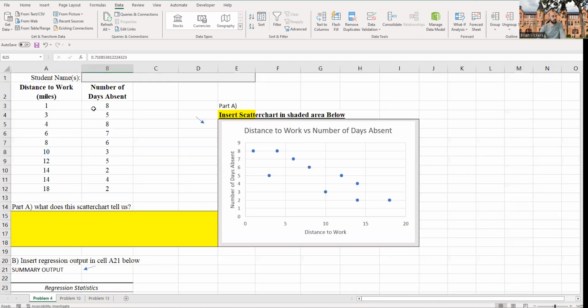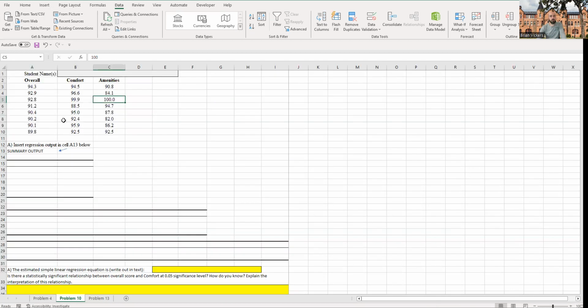If you remember, because the scatter chart always reads the y variable on the right, it was set up where the x variable was here and the y variable was here. Anytime we're dealing with multiple regression, you're always going to want to have the y variable on your far left. That's because the number of x variables is going to potentially change.